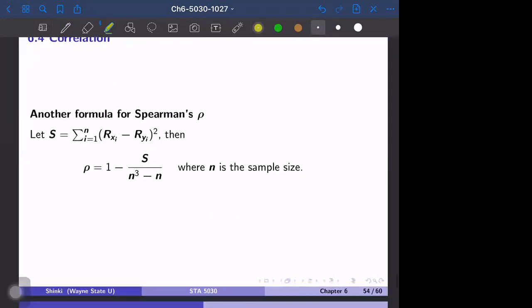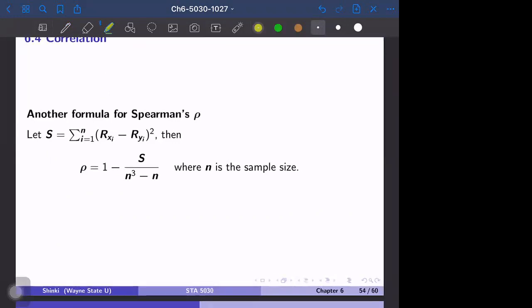Yeah. And actually, another formula for Spearman's rho is maybe easier to calculate. So we define S. S is the sum of squared differences between the rank for xi and the rank for yi. Typically, S is small if X and Y are highly correlated.